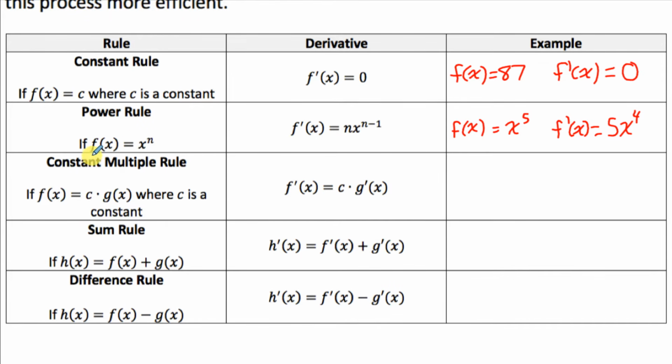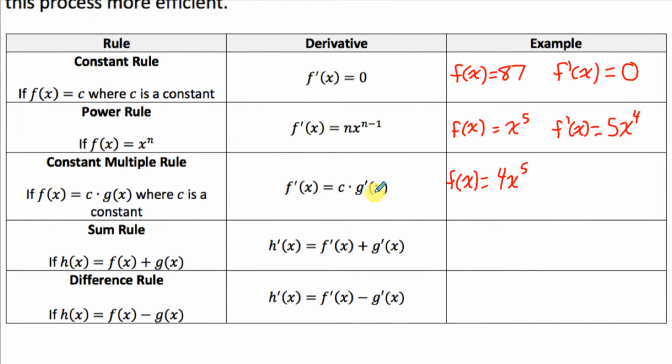So for example, the constant multiple rule. What if our function is some constant multiple of another function? So for example, let's say our function is 4 times x to the 5. It's 4 multiplied by that power function. How do we find its derivative?